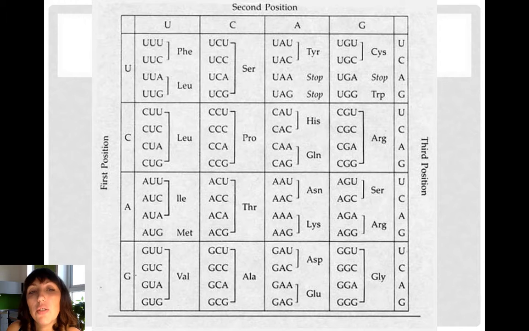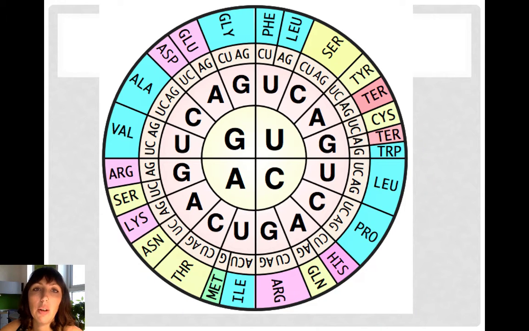And I really want you to, and we'll talk about this in class, think about why that would be. Why would more than one codon code for the same amino acid? Okay, here is a wheel to help you understand how these codons are calling for each of these amino acids.